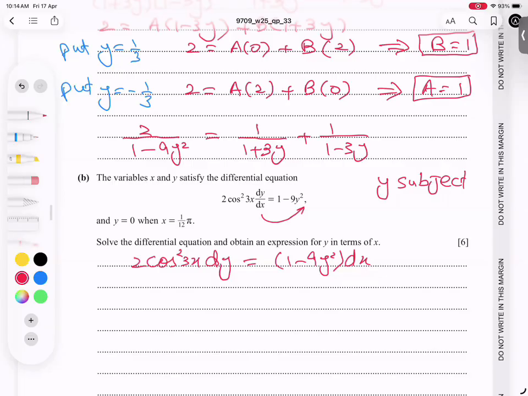We will bring this complete y value here because dy is available, and this value of cos square will go on the other side. But we'll keep 2 there because 2 is available on top. So I'm writing now 2 over 1 minus 9y square dy is equal to 1 over cos square 3x dx.